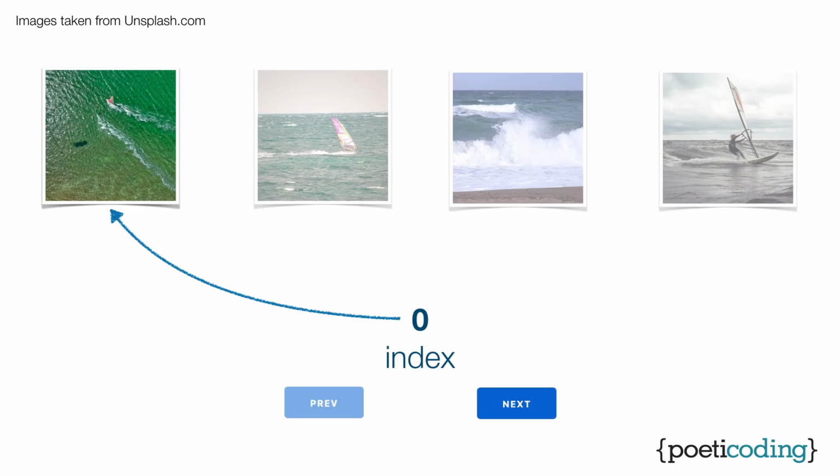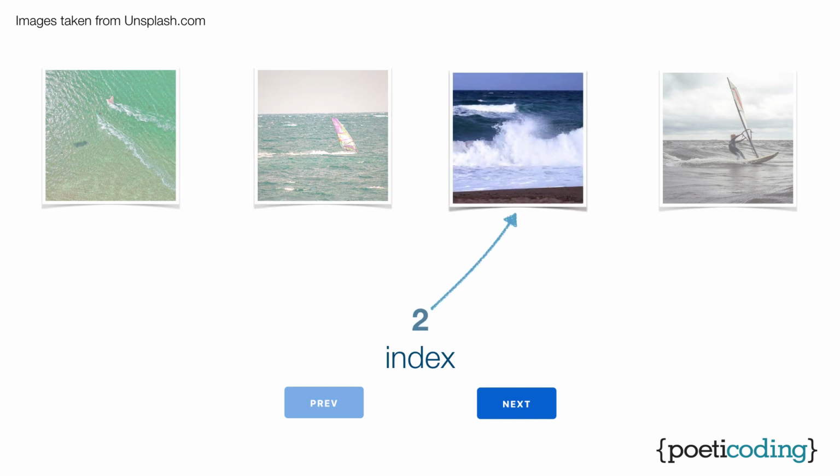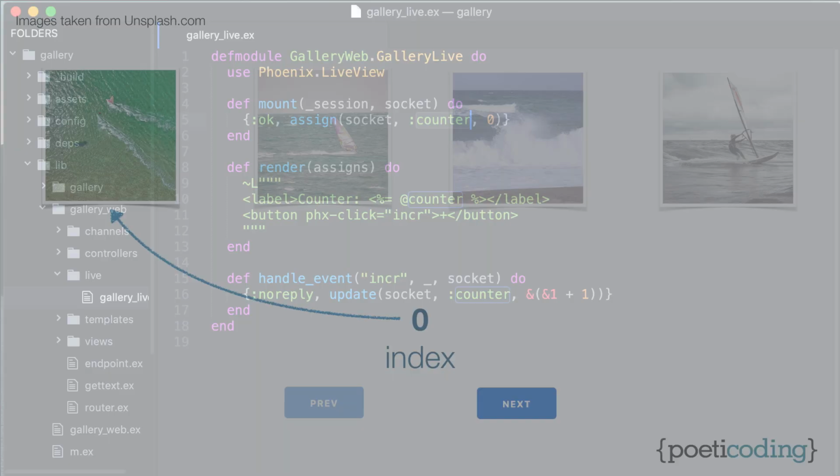Like we did for the counter, we now want to increment and decrement an index to go through the images of our gallery. So we see that at the beginning, the index is 0 and points to the first image. By increasing it, the index will then point to the second, the third image. And once reached the end of the list, it will go back to the first image.